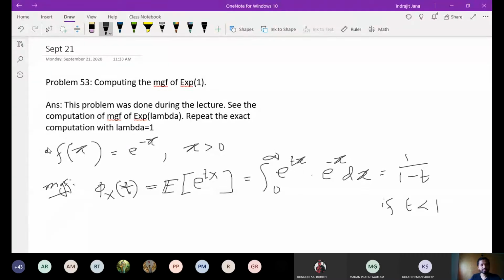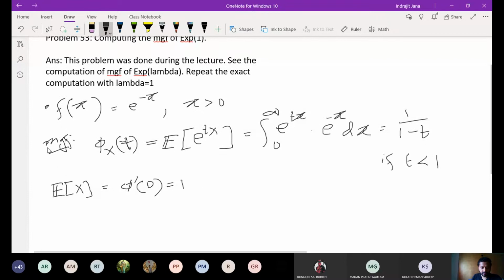And then the problem asks you to check your answer for the mean and variance by direct computation. So the expectation of X from the MGF is going to be phi prime at 0. You can do the derivative and see that this is going to be 1.